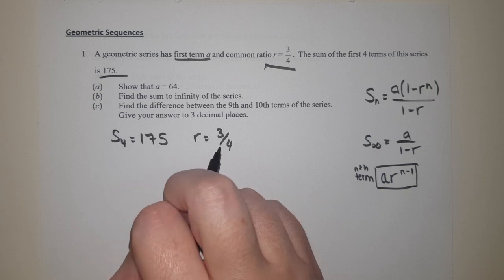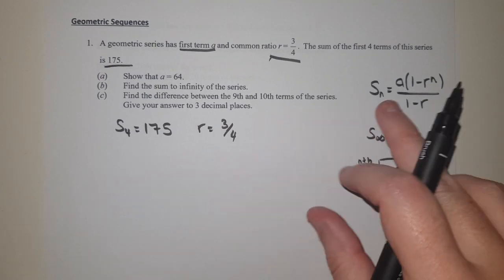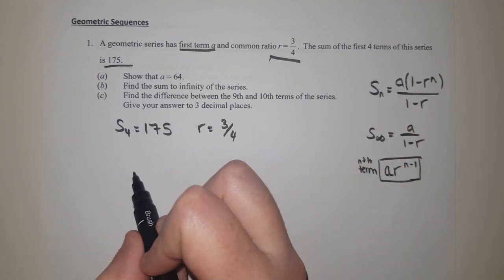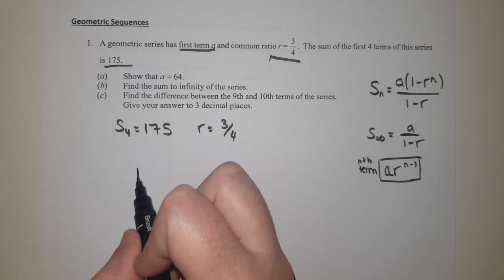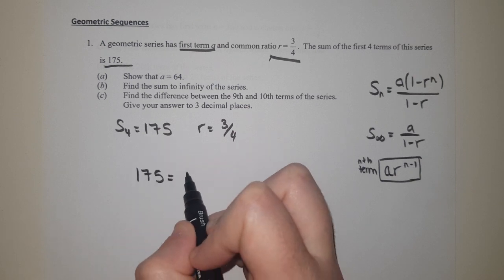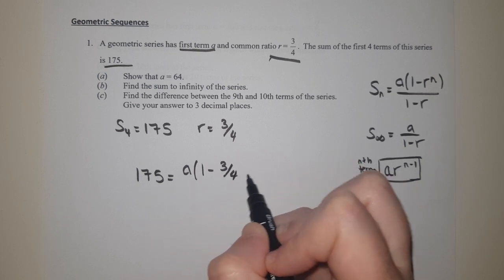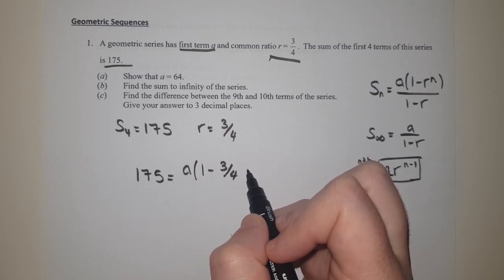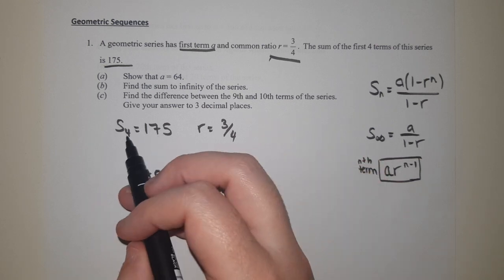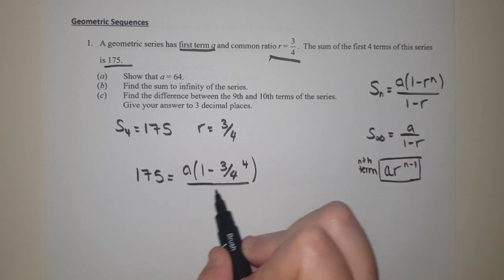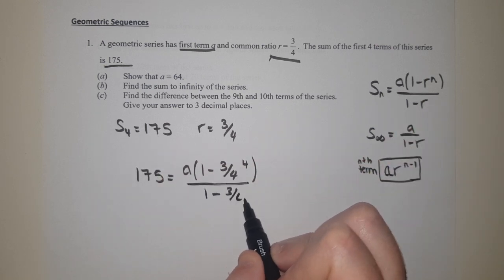So using the 2 pieces of information we were given and the sum formula this time, we're going to find out what a is. So I get 175 is equal to a lots of 1 minus 3/4 to the power of 4, since this was the 4th term we were doing, over 1 minus 3/4.